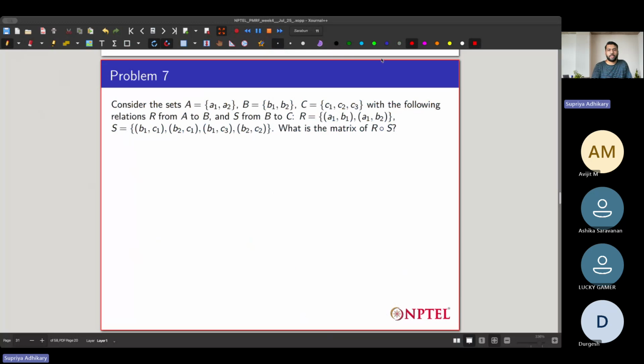So in the graphical method, basically what we have here, we have three sets. So let's draw those three sets first.